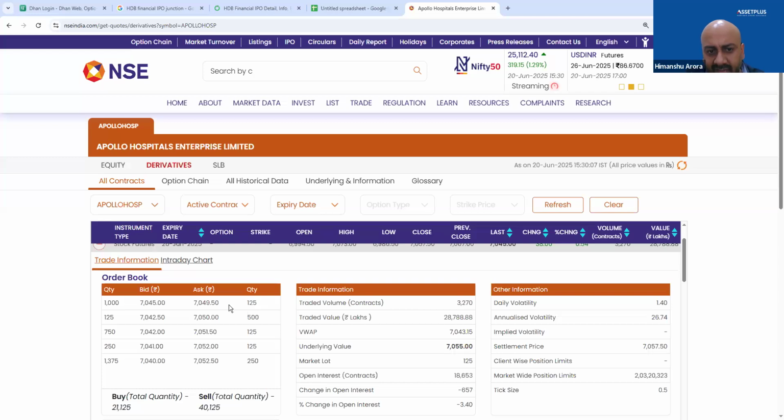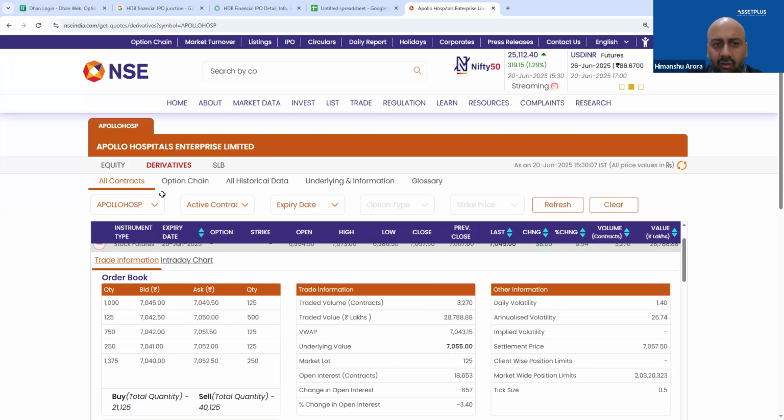If this 125 shares get traded at certain price, then 125 shares sold, 125 hypothetically bought. So 125 shares traded, multiply by, for example, 7,000 rupees. So 125 multiplied by 7,000 is equal to traded value. Got it?